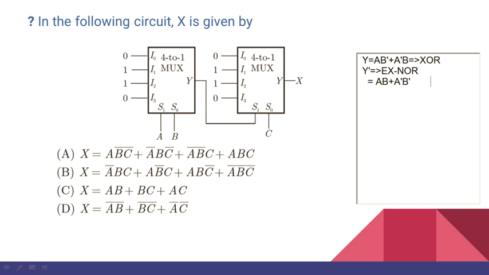Now let's find what is X. X is similar to Y, that is X equals Y C bar plus Y bar C. So we can substitute y and y bar here and expand these to this equation and obtain X as A B bar C bar plus A bar B C bar plus A B C plus A bar B bar C. Let's find this in the given options.